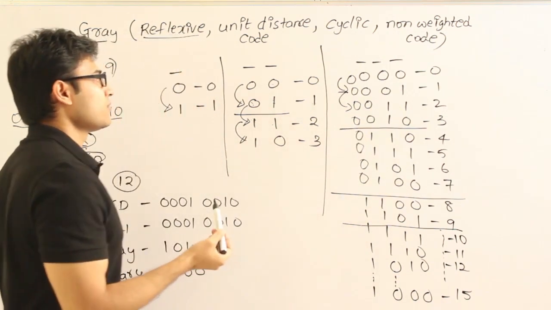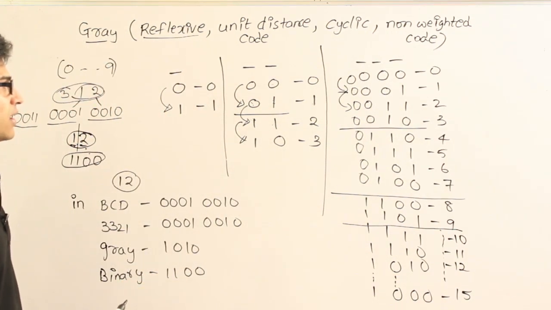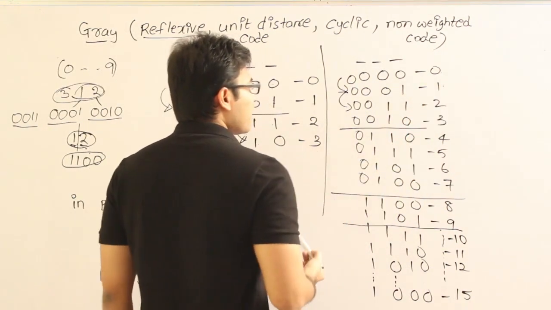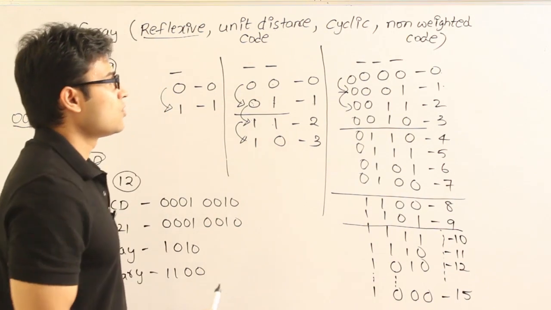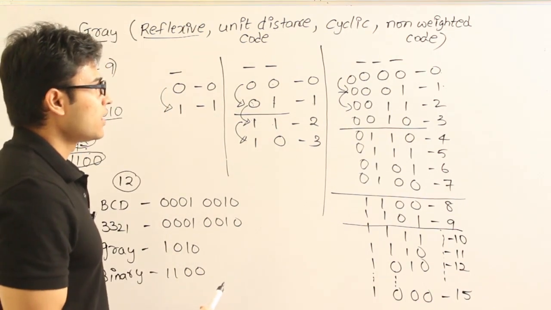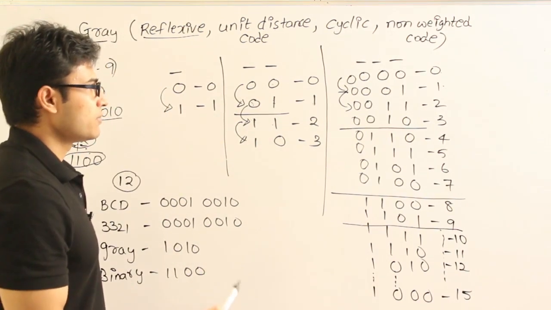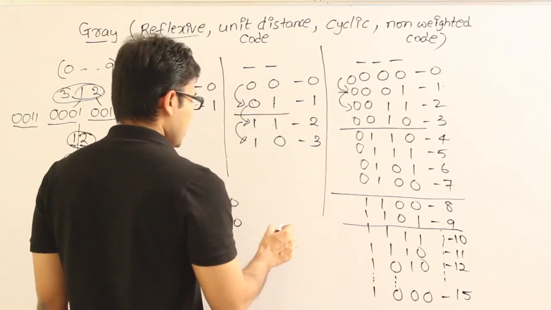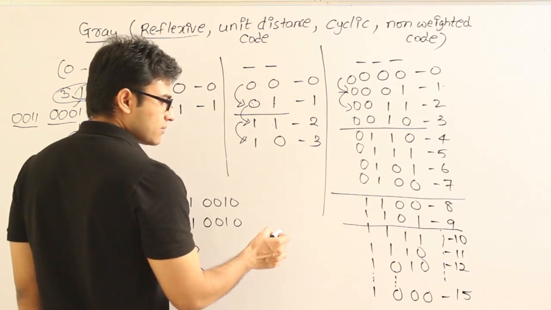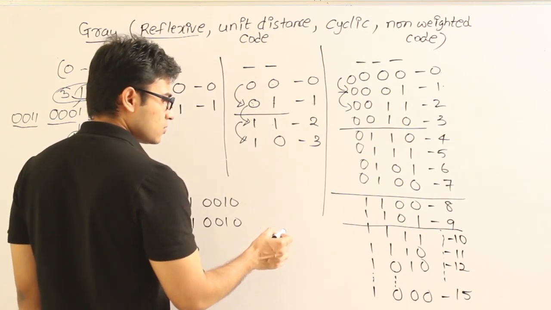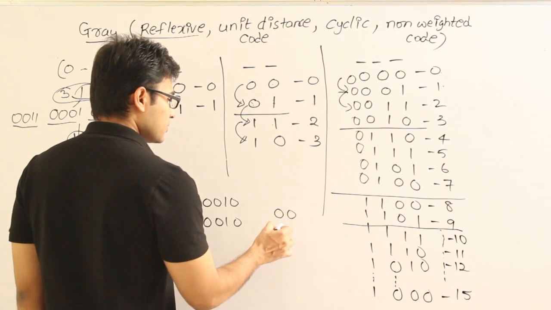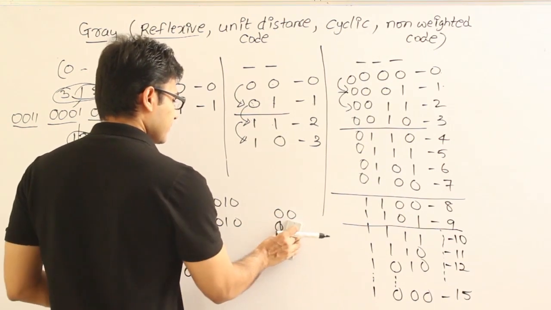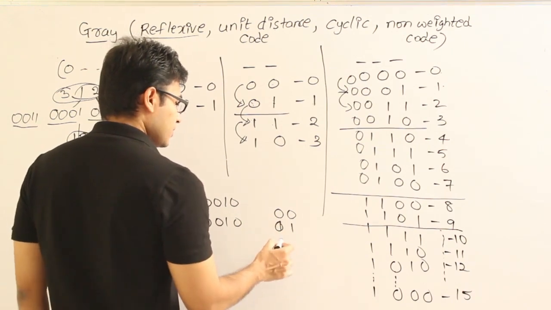Now what is the advantage of such a representation? When you are counting sequentially, going from 0 to 1, the output you should get changes in only 1 bit, right? If you use some other number system like binary, let us say 0, 1, 2: this is 0, this is 1, and then this is 2.